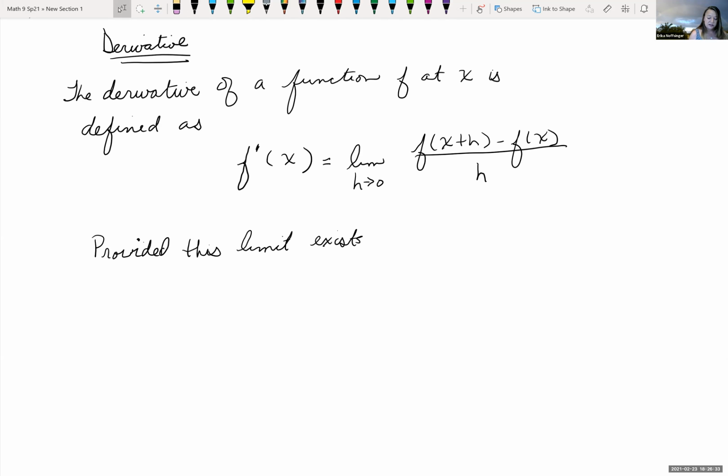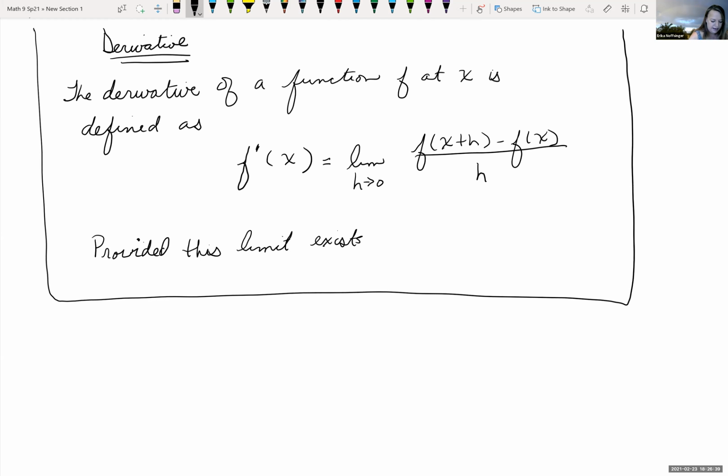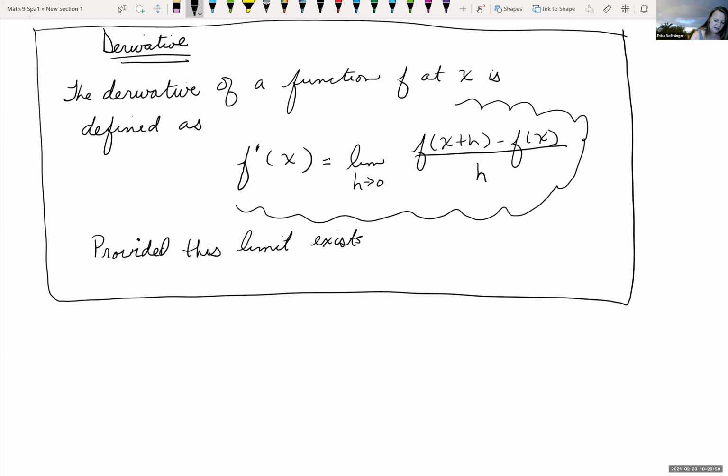So what I just gave you gives the derivative anywhere, any x value you choose on our function. So the derivative is a function.